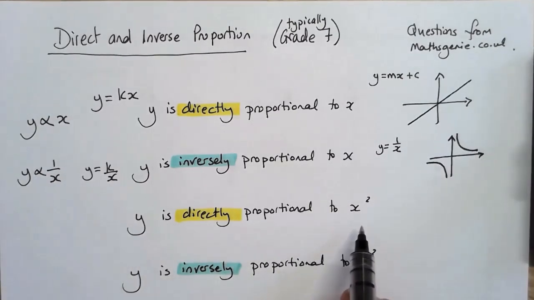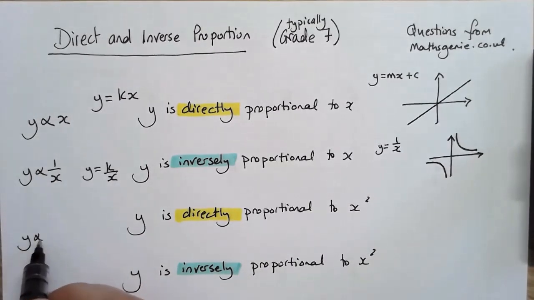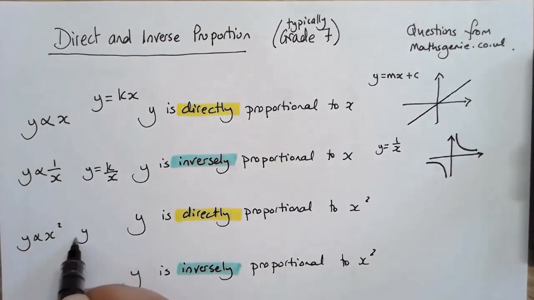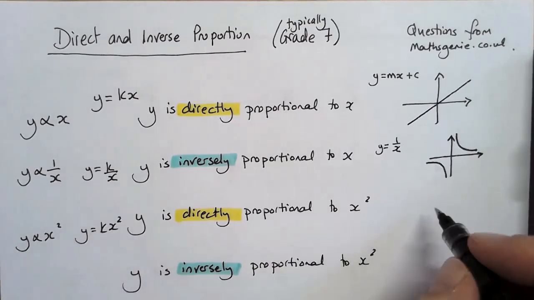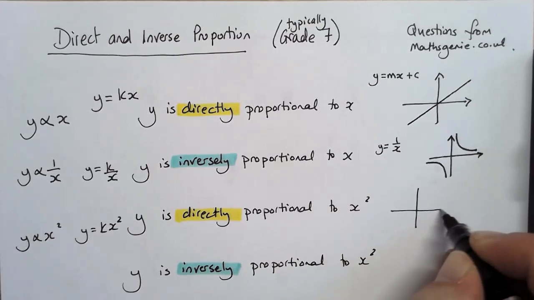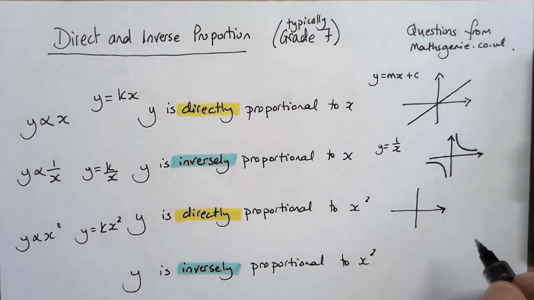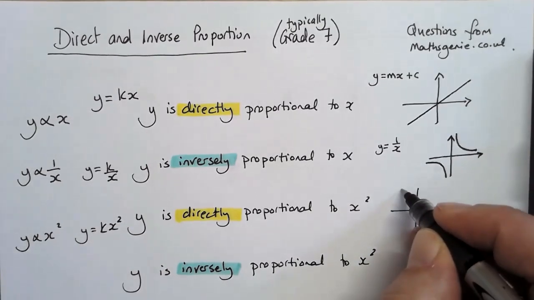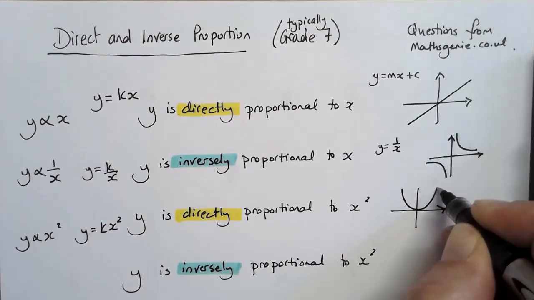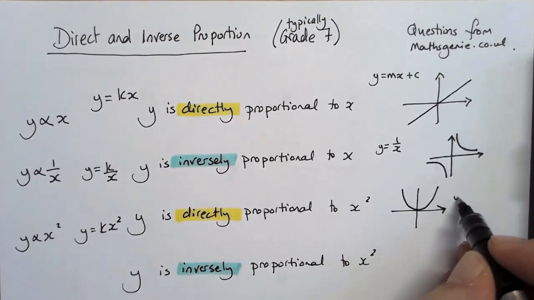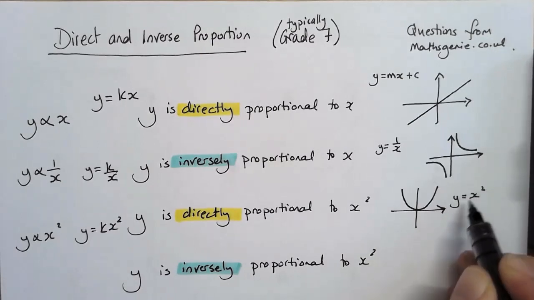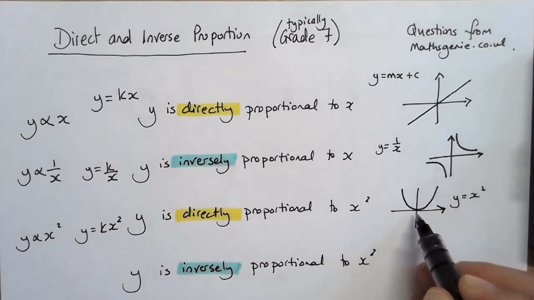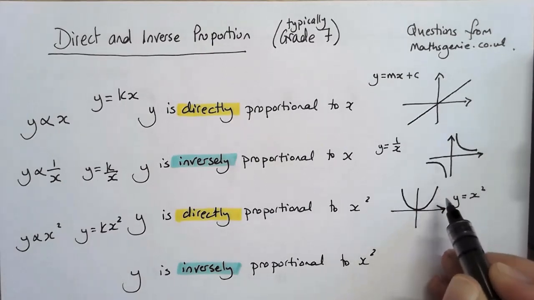Y is directly proportional to x squared. This is how we write it. And the graph is going to look like this. Because we've got y equals x squared, it can have a gradient here, but we know that a quadratic graph has this sort of curve here.